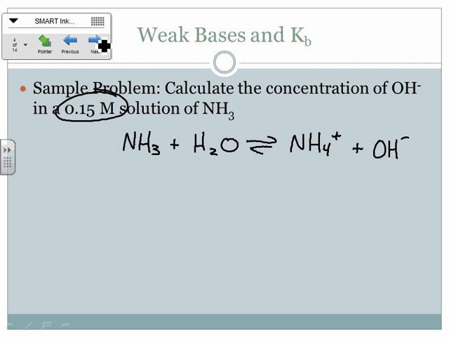But as soon as we put that into the water, it's not going to be a 0.15 molar solution anymore exactly, because some of that is going to change into NH4 plus and OH minus. So when they're asking for the concentration of the OH minus, there essentially is none at the beginning.